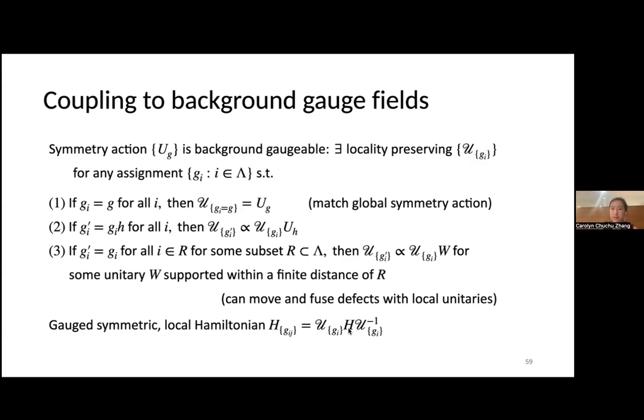However, for example, if you only have Gi equal to G for some patch and identity elsewhere, then this will do a symmetry transformation only on that patch. And so you can think of this as doing a gauge transformation on the original Hamiltonian.